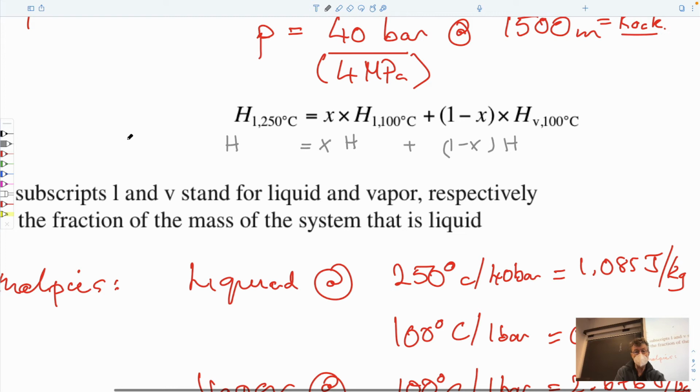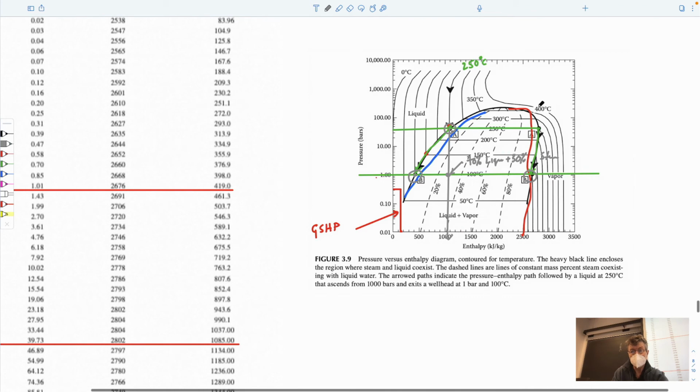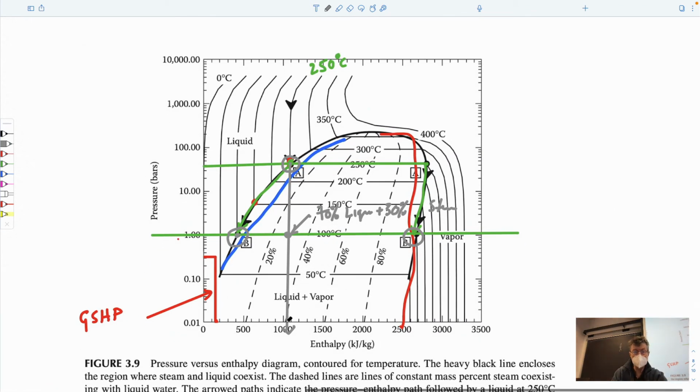So this has to equal, I think it's 1085 kilojoules per kilogram. So that's just this term here. This is the magnitude it starts at, which is 1,000 and change enthalpy in terms of kilojoules per kilogram. This is what we know it has to be wherever it is at this point. If we don't have this diagram, we don't know what this point is in terms of its percentages.